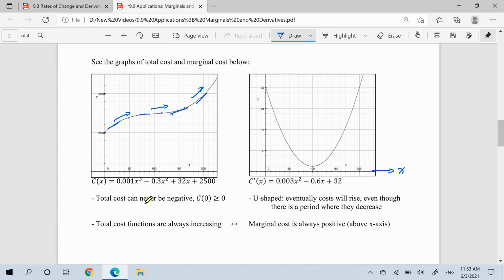So total cost can never be negative. Cost is always greater than or equal to 0. And the total costs are always increasing.